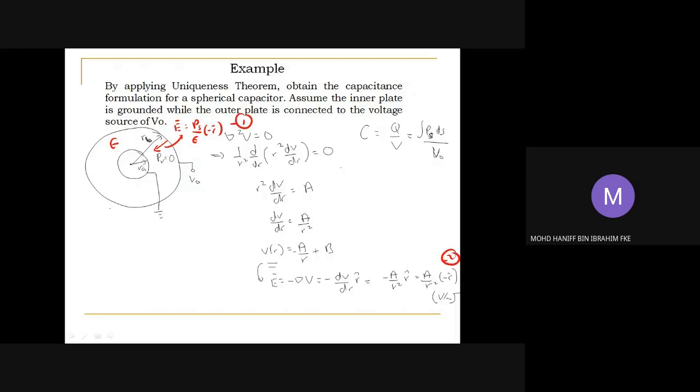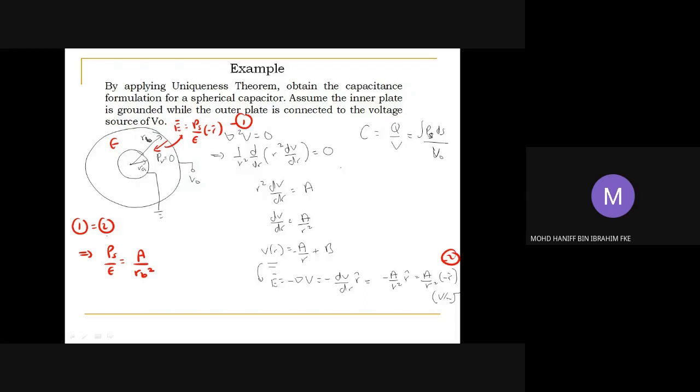So what we have to do now is to equate both of them, 1 equals to 2. So we're going to have rho s over epsilon equals to A over RB squared, because the field that we have calculated just now is at the boundary at RB.